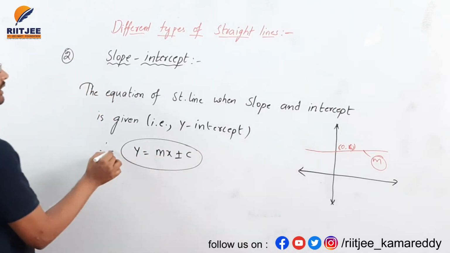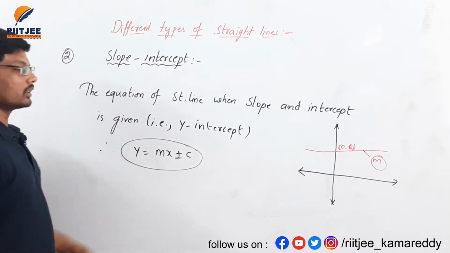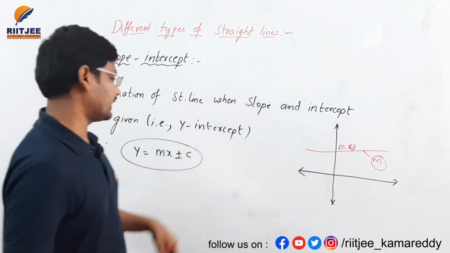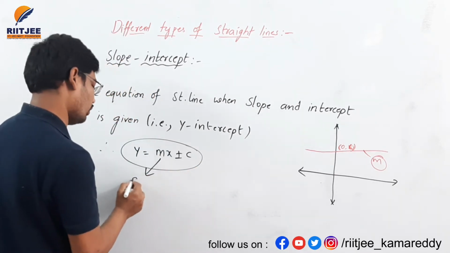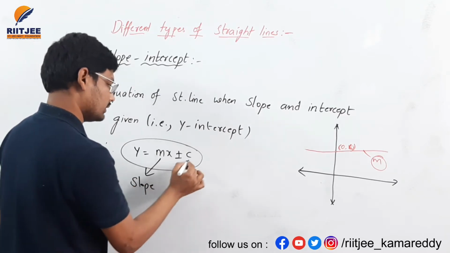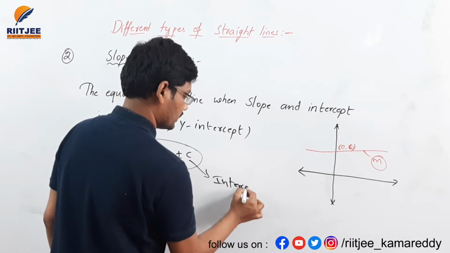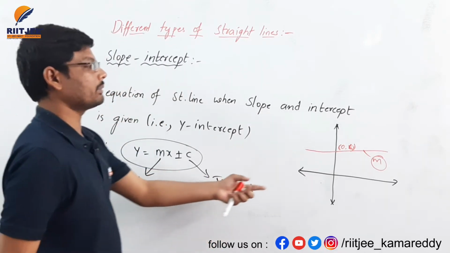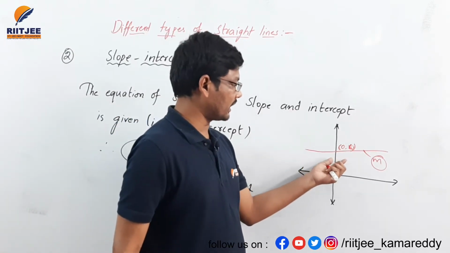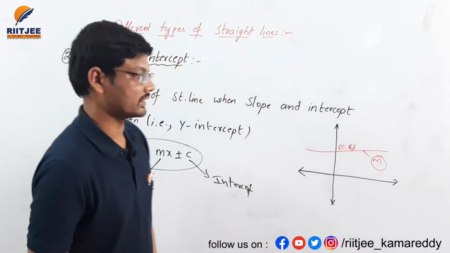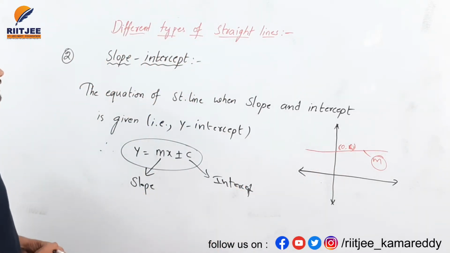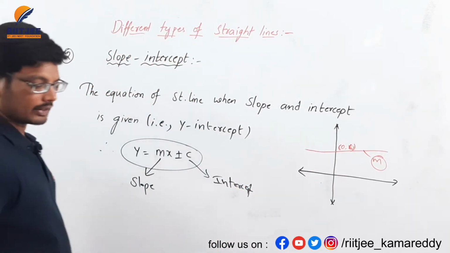This is the equation of a straight line in slope and intercept form. This is the slope and this is the intercept. This intercept is the intersection at the y-axis. This is called the y-intercept. This is all about the slope and intercept form.